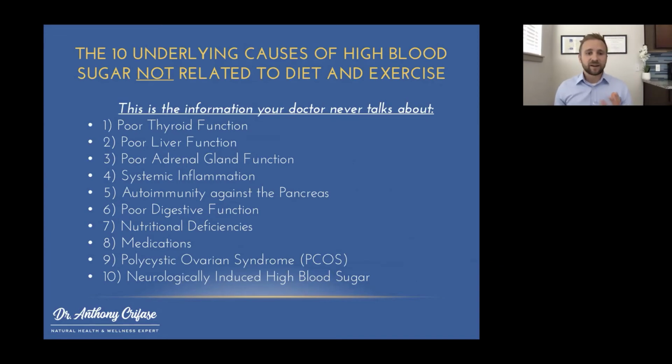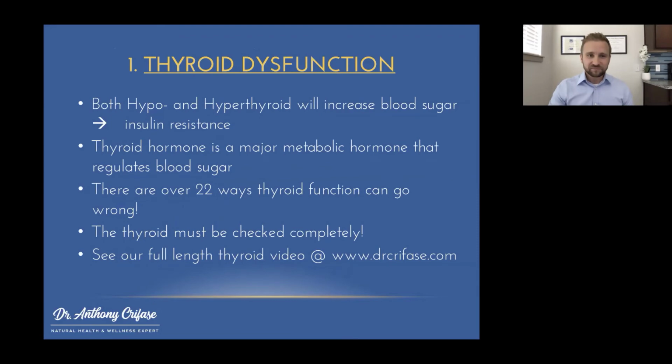So we talked about the 10 different underlying causes of high blood sugar that are not related to diet and exercise. We discussed these. Now let's go a little bit more in depth. Thyroid dysfunction. So both hypo, low, and hyper, high thyroid will increase insulin. This causes insulin resistance.